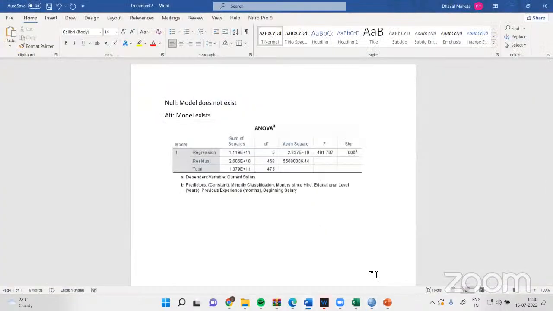Now, anybody who will do the interpretation for me, this is a p-value. Anybody who will do the interpretation? Come on.